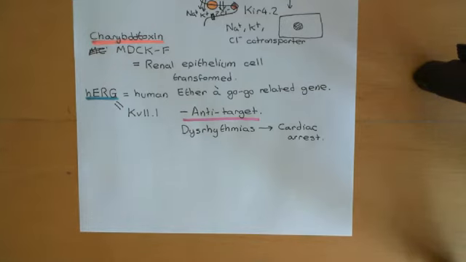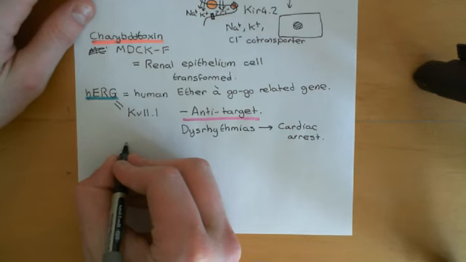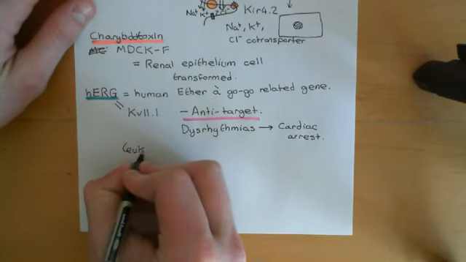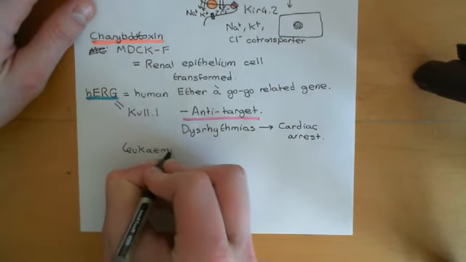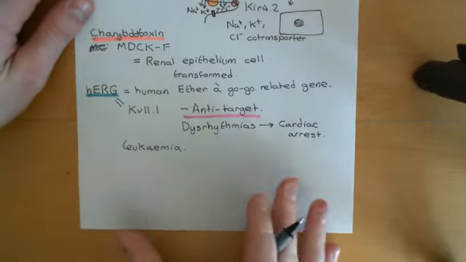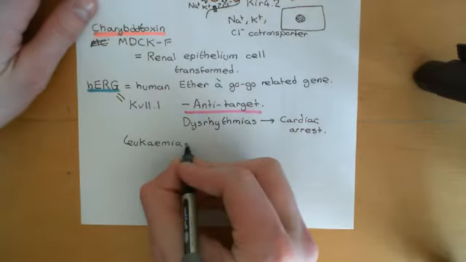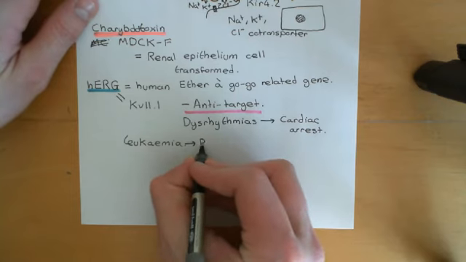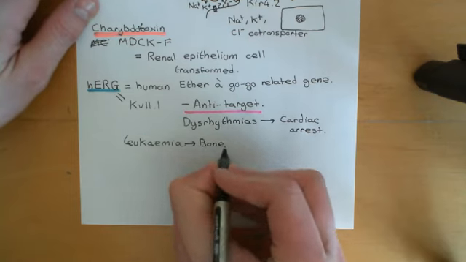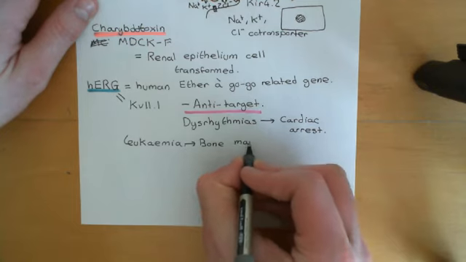However, it's also believed to play a part in the metastatic phenotype in some leukemias. Firstly, let me explain what a leukemia is. A leukemia is a cancer that occurs within the bone marrow, within the cells which make certain white blood cells.